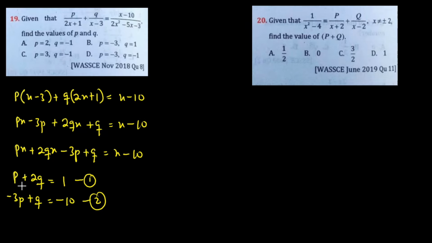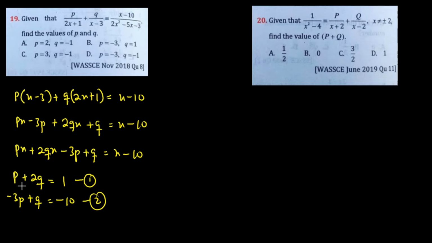So you are going to have 1, enter 2, enter 1. Then you have the second equation to input its values. So you have -3, enter 1, enter -10.